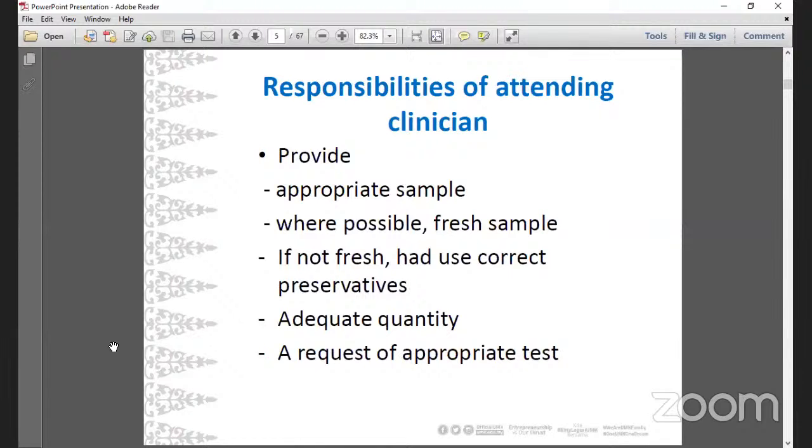And then as a clinician, you have to provide a good quantity of the sample so that the laboratory people can process and diagnose. And then one more thing is we have to request an appropriate test. It's very important for clinicians to request appropriate tests. We cannot miss any test, so that we do not need to do a resampling of the animal.